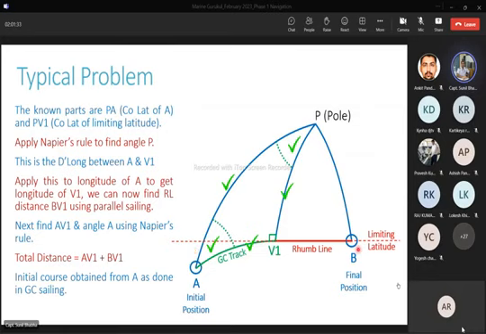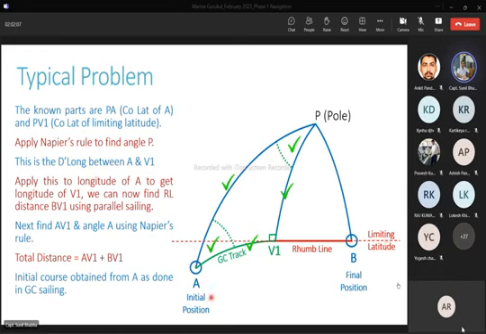So how will you come to know that? We have the initial position and the final position known to us. Both the longitudes are known to us. And we have calculated the longitude of the vertex V1 using Napier's rule. So when you compare the longitude of V1 with the longitude of your final position, it will immediately tell you whether V1 lies in between A and B or V1 lies outside A and B.